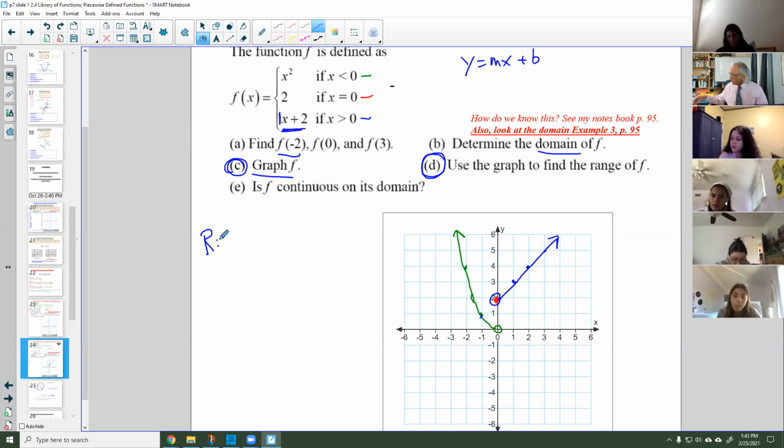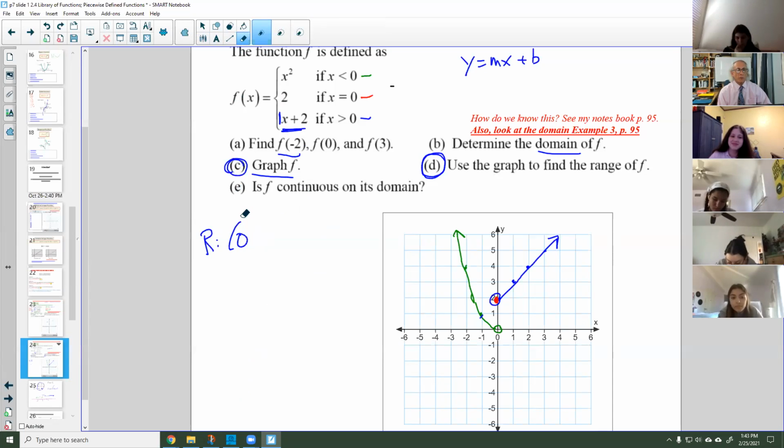So let's ask a question here. Tiana, what is the lowest y value on this graph right here? It's 0.